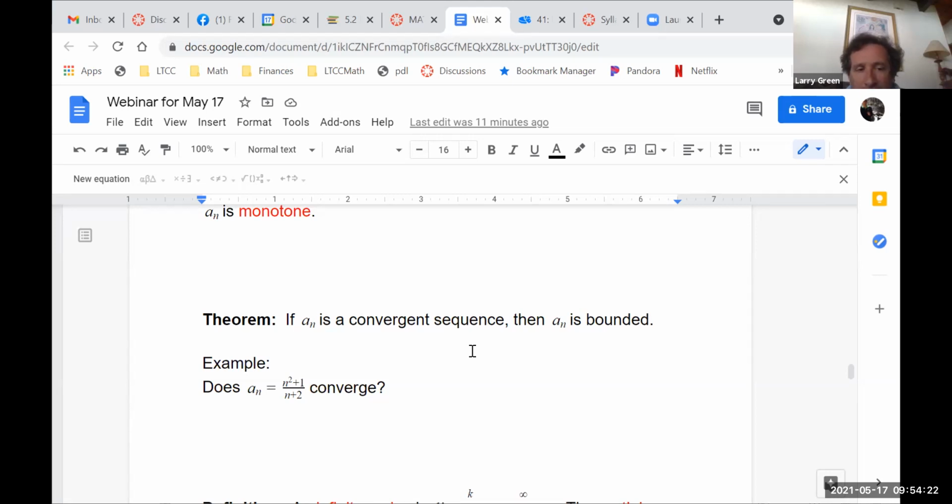Because it's really the contrapositive of this statement that we're going to use, and that is that if an is not bounded, an is divergent. That's a little bit of logic. So an example, let's look at n squared plus 1 over n plus 2. Does that converge?